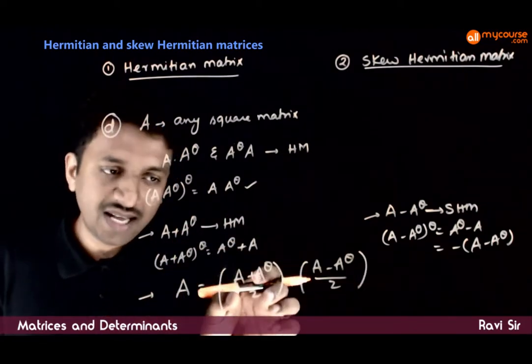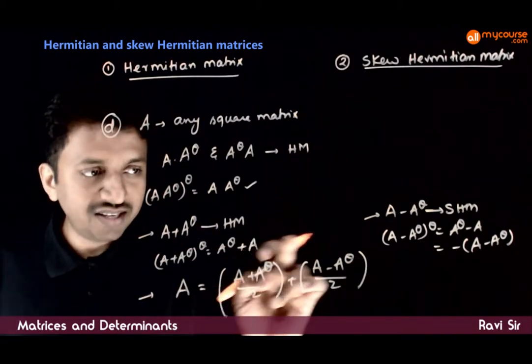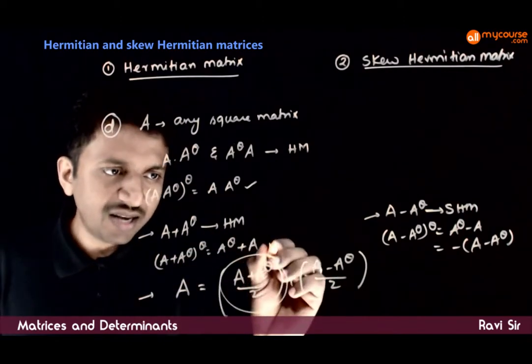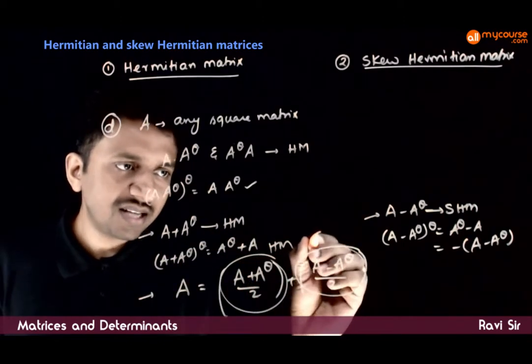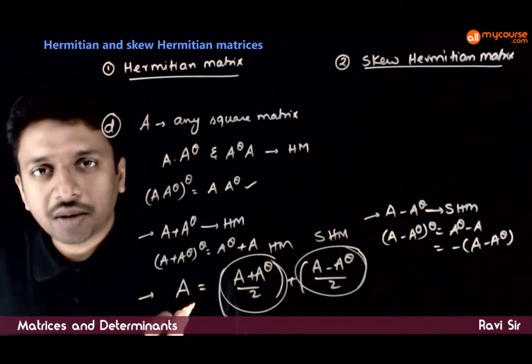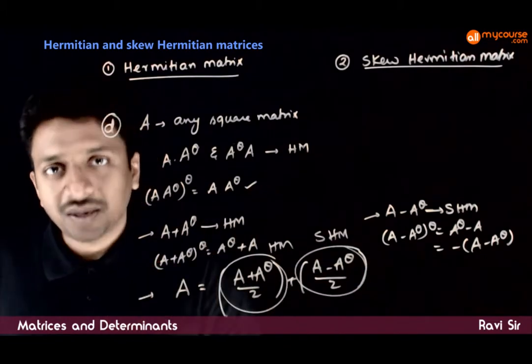So A can be written as (A plus A theta) by 2 plus (A minus A theta) by 2. So A theta gets cancelled, you get A again. This is a Hermitian matrix, this is a skew Hermitian matrix. So every square matrix can be expressed as a sum of a Hermitian and a skew Hermitian matrix.